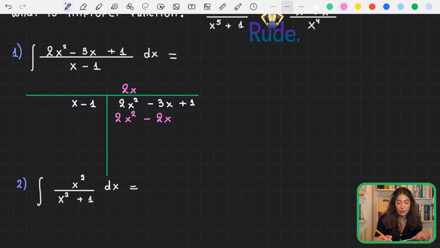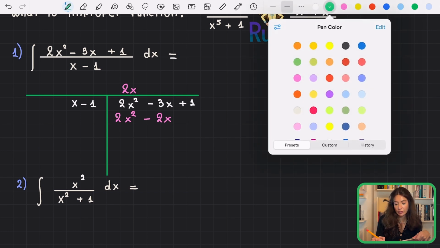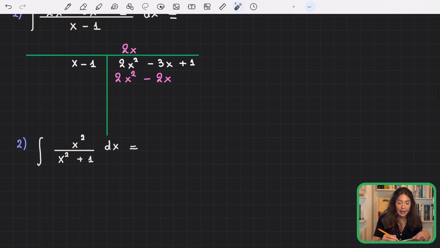Then I like to do an extra step. This is optional, but here I have to subtract vertically, right? So I have to say 2x squared minus 2x squared, minus 3x minus 2x. And I don't like to do that. I like to vertically add instead of subtract. So I'm going to change the sign of this line and multiply it by -1, right?